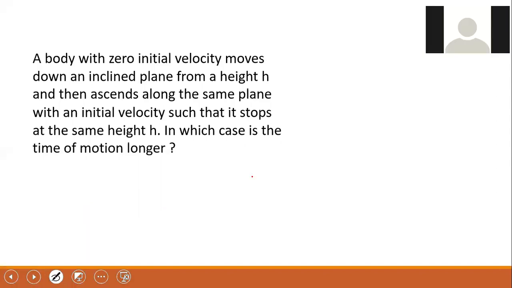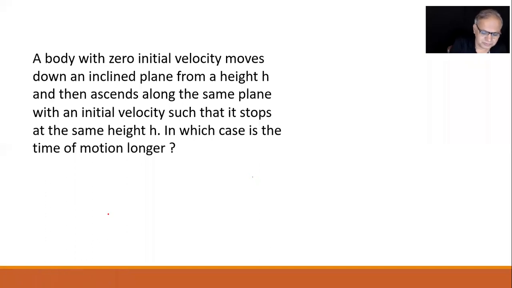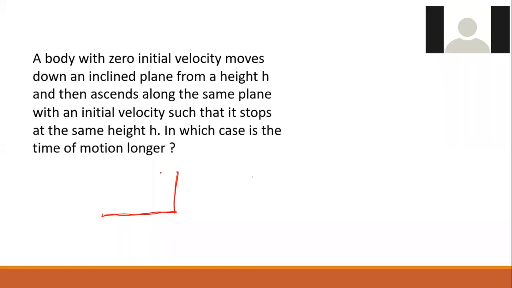So how do I put my picture here? The inclined plane is like this, children. A body with zero initial velocity moves down. It starts with u equals 0.